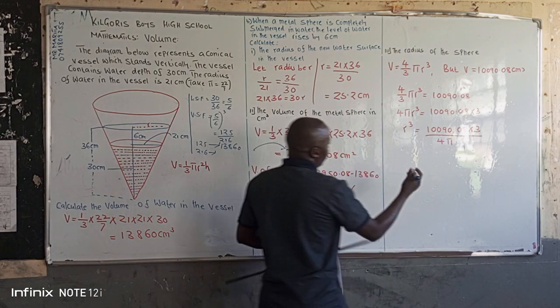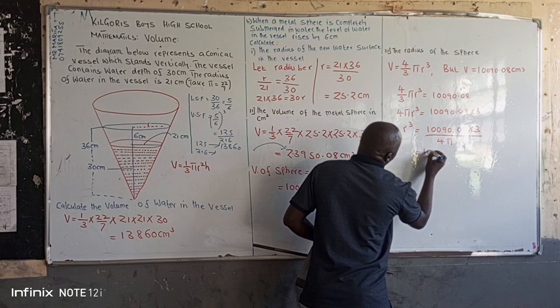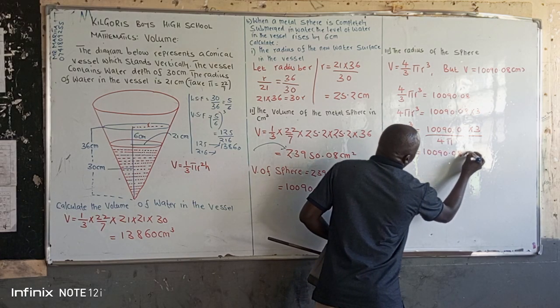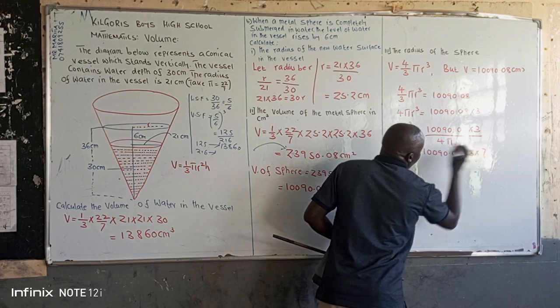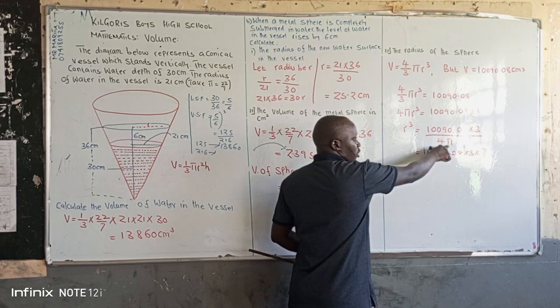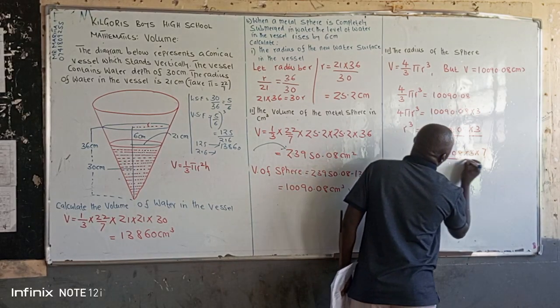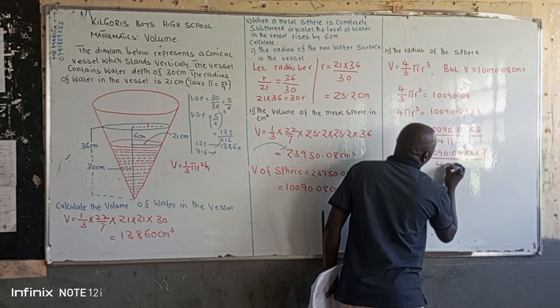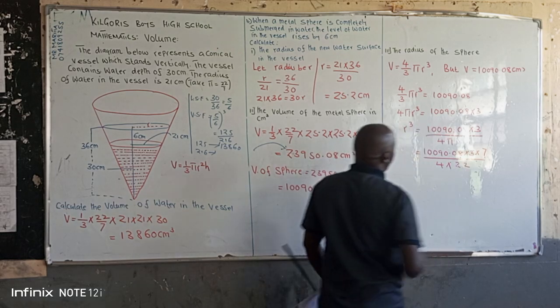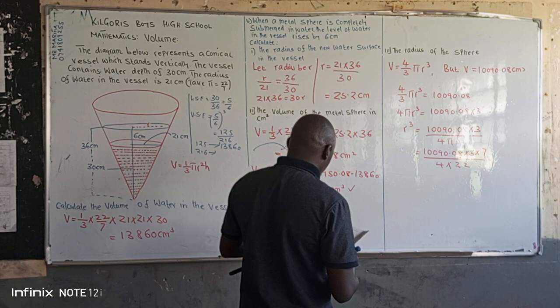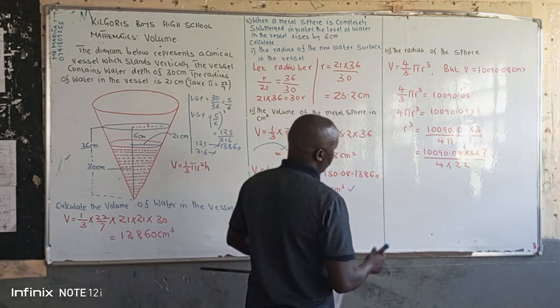If you replace pi by 22 over 7, then you have 10,090.08 times 3 times 7, divided by 4 multiplied by 22. If you work that out, it will give us 13.40.